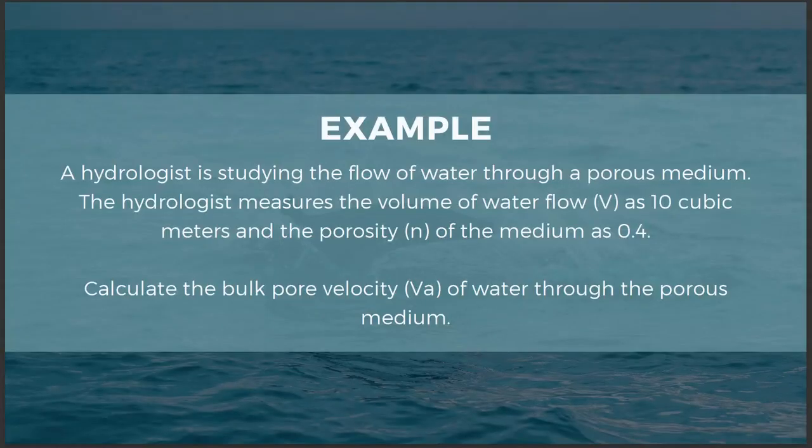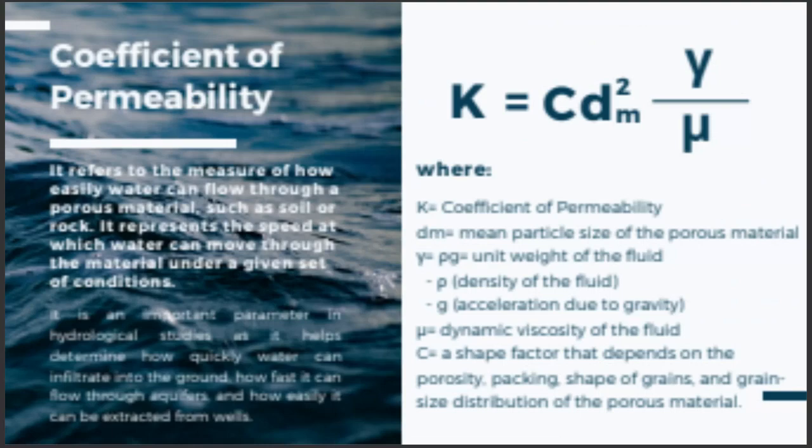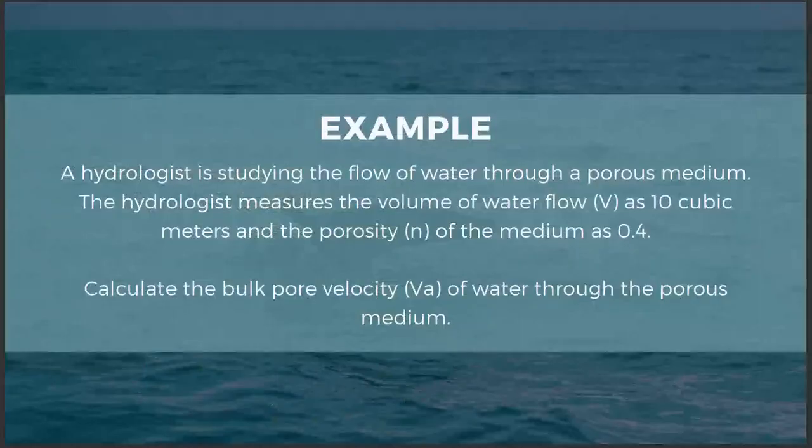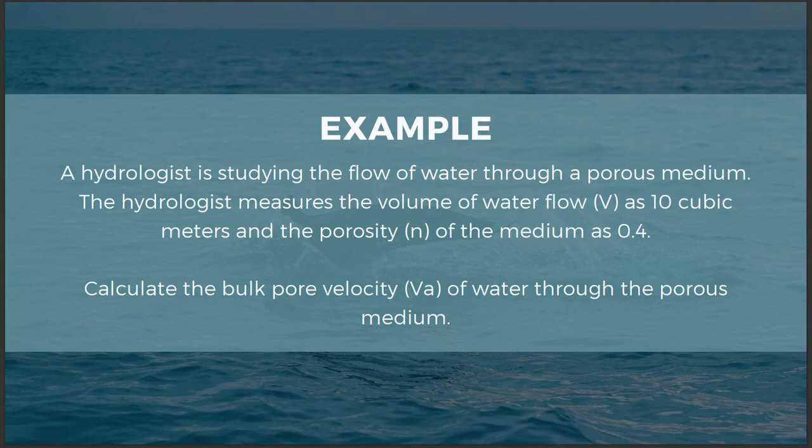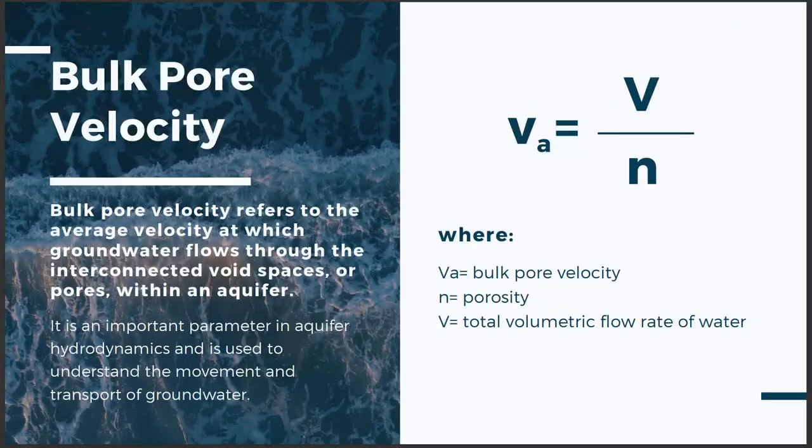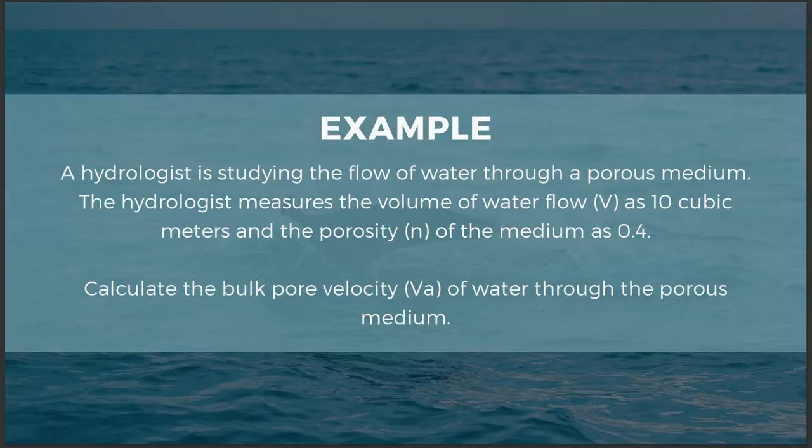So 10 divided by 0.4, what is that? What is the seepage velocity? What is 10 divided by 0.4? Okay, so that would be 25 meters per second. That is our seepage velocity.